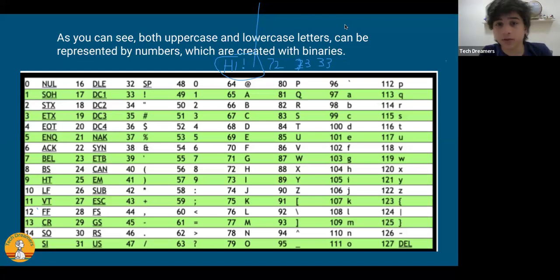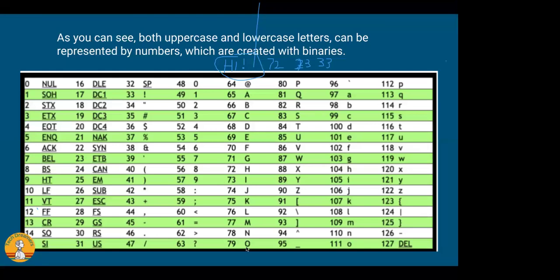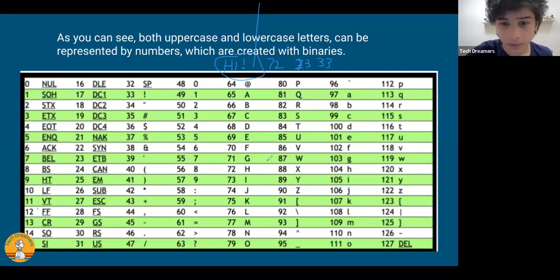Yes. So I don't know if you can see, but the value for a capital H is 72. And the value for lowercase h is 104. Can you see that?